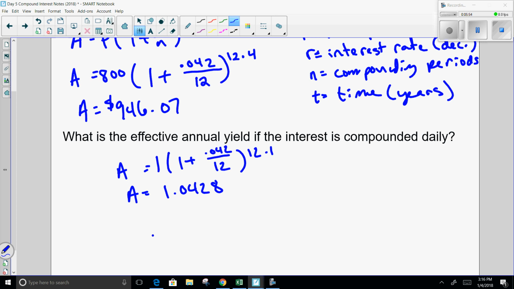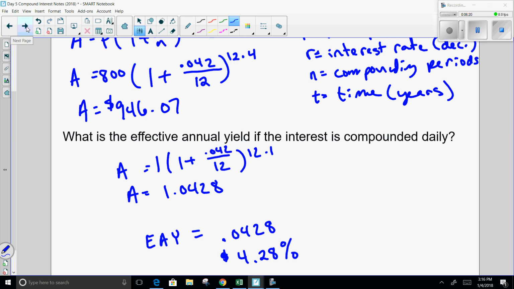So the effective annual yield would be 0.0428. The effective annual yield is essentially what is the interest rate you're earning. So you're really earning 4.28% instead of 4.2%. And the reason why is because when you compound it, compounding is increasing the amount of money that you're actually making.